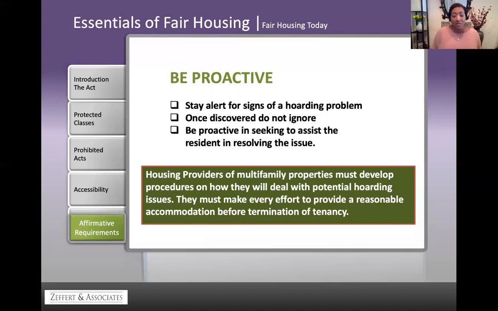Well, you are responsible. Remember, you may not have that job title of being an asset manager, but you are responsible for asset management. So you have to make sure you stay alert for signs of a hoarding problem. This a lot of times can be noticed if you have frequent property inspections or unit inspections.